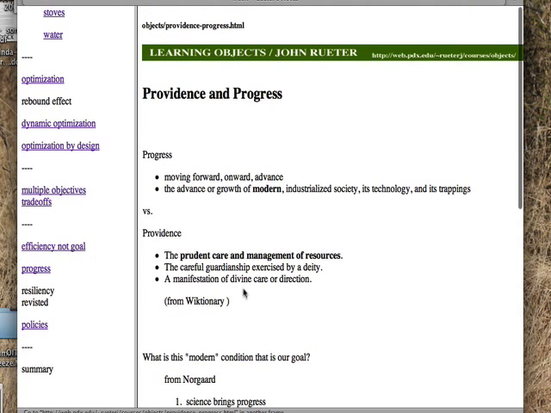Now, progress and provenance. I mentioned this before in 101, and I want to come back to it here. Our country, the United States, and Western countries seem to have a dedication to progress that is almost religious. Unless we're moving forward, making advances, becoming more industrialized and using more technology, it's not worthwhile.